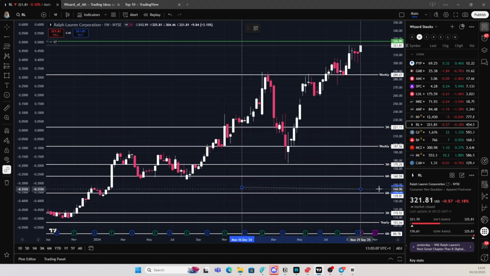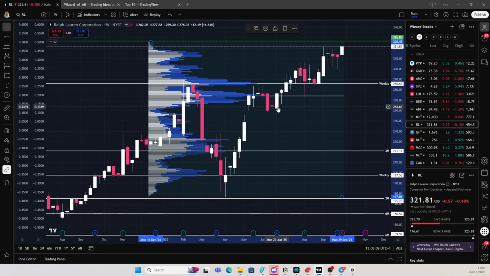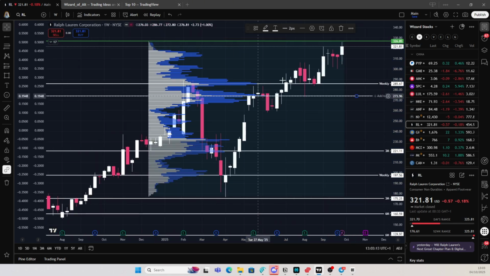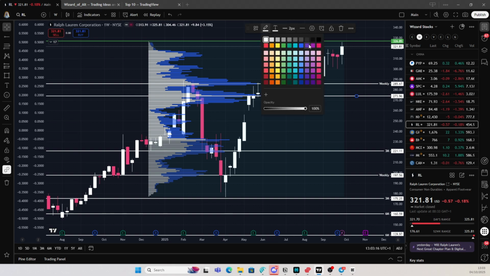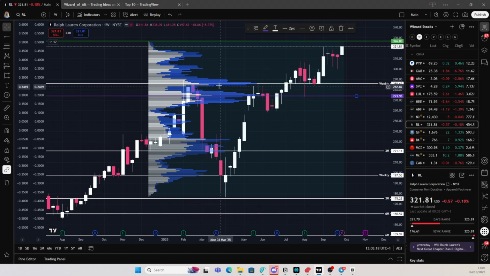So if we go across here, what sticks out from a volume perspective? You have a high volume point here. I'll put that on there, make that purple. We can see a lot of volume around here. If we go along, we've got something at the bottom of that wick there.